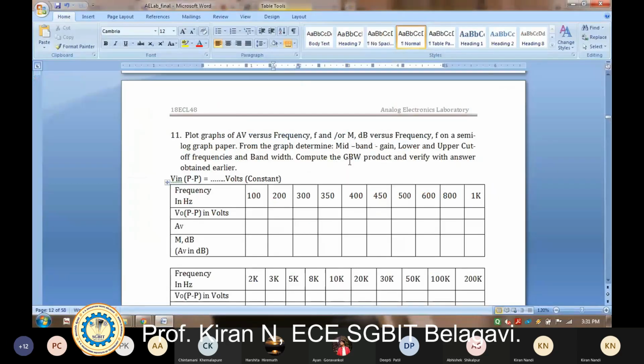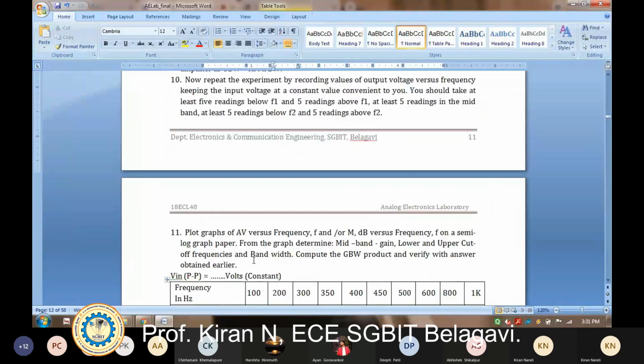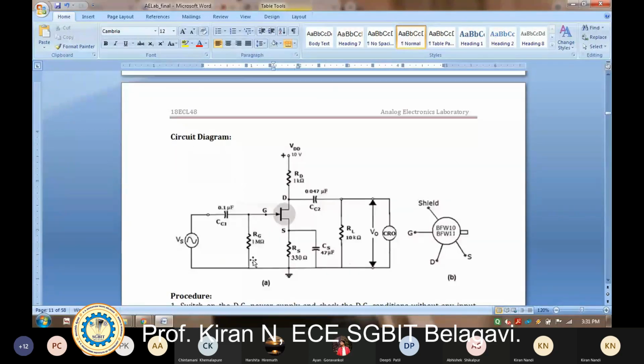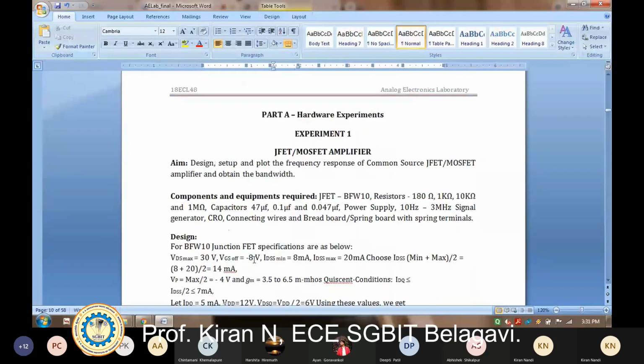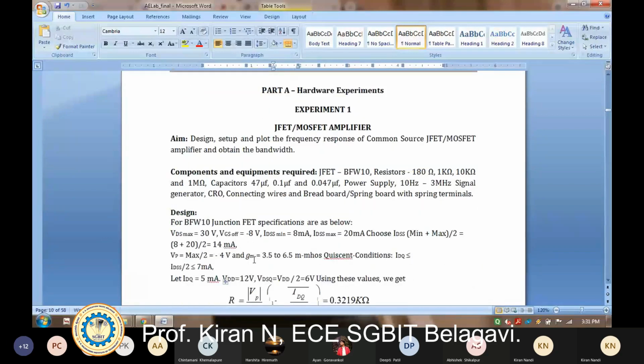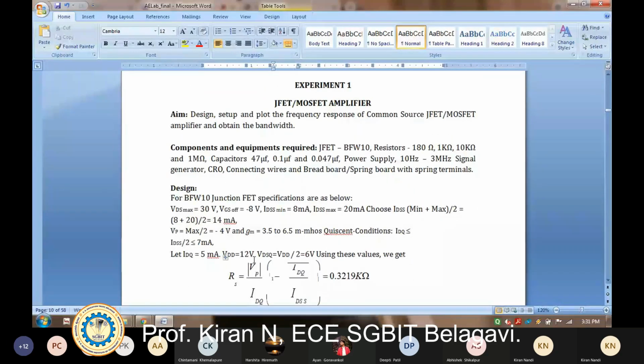Did you get the explanation for the circuit diagram I have drawn? I'm going to explain this once again. No need to worry. Once I start with the tool, I'll explain it once again.